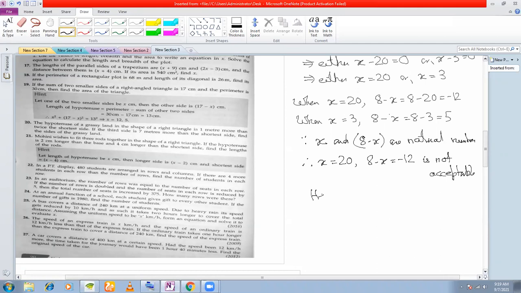Hence, the natural numbers are 3, 5. These are the two natural numbers.